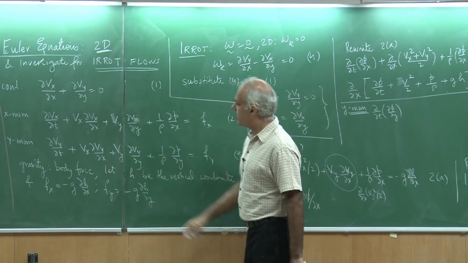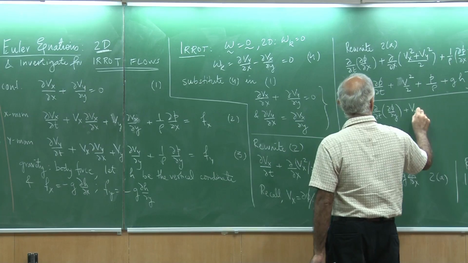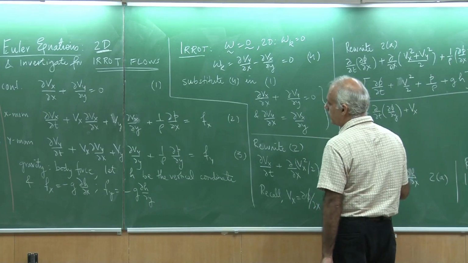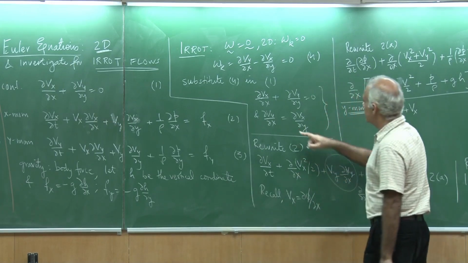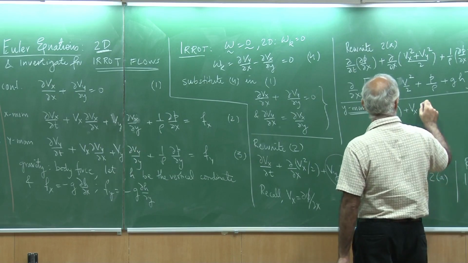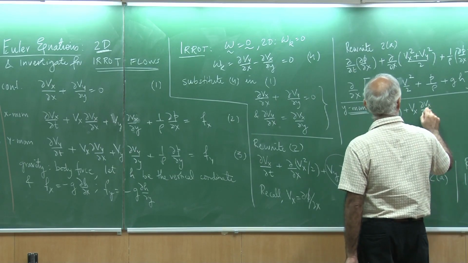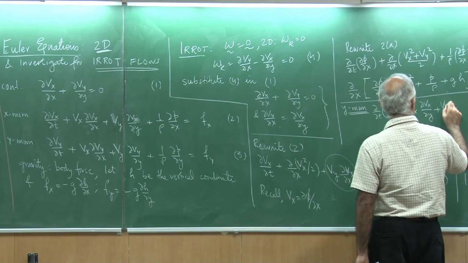I will leave for the first term Vx as is, but for del Vy by del x I will actually use the equivalence of del Vx by del y, and then the third term I will leave as is.